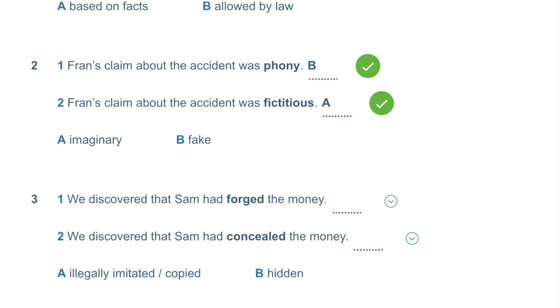Let's see 3. We discovered that Sam had forged the money, and we discovered that Sam had concealed the money. So forged and concealed. Which one is illegally imitated or copied and which one is hidden? Exactly. Forged means illegally imitated or copied and concealed is hidden.